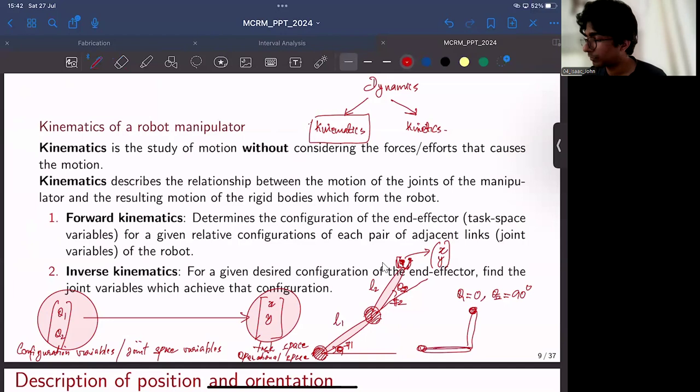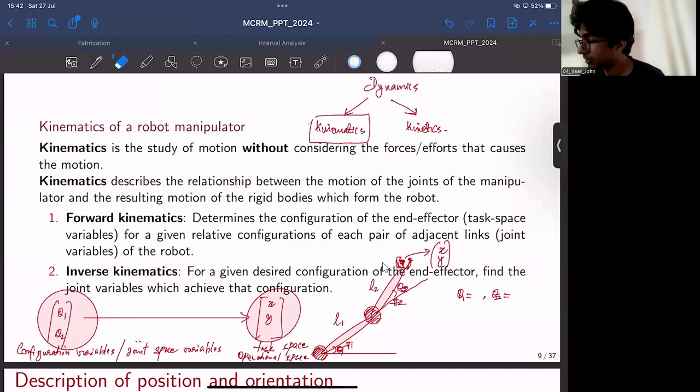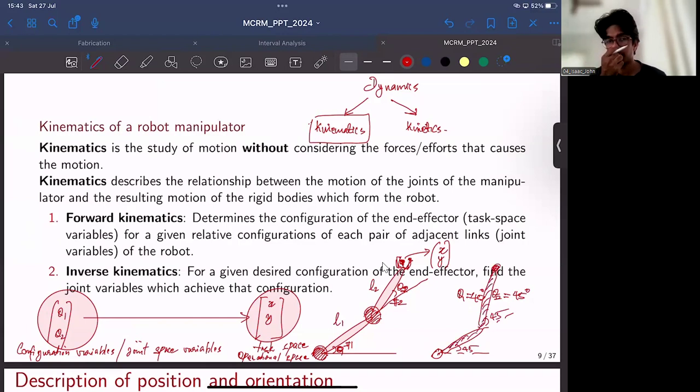Or if theta1 and theta2 are 45 degrees each, so theta1 is 45 degree, theta2 is 45 degree. So the robot manipulator would look something like this. The first one is 45 degrees, and the second one is again 45 degrees. It looks something like this, right?